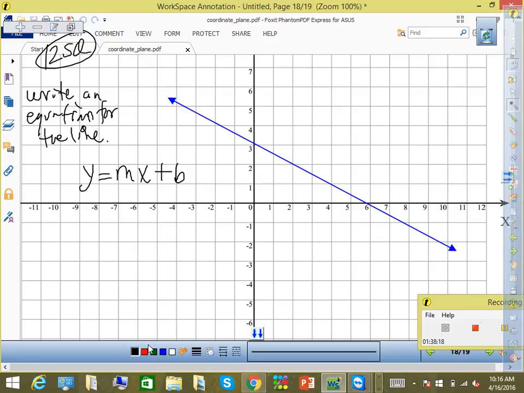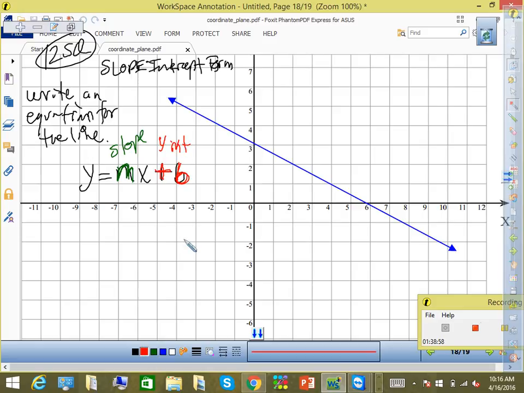Now, this is also the slope intercept form, which means the letter m is the slope and the letter b is the y-intercept.